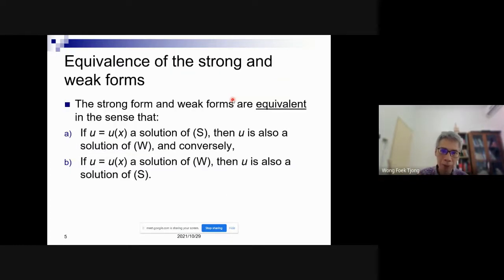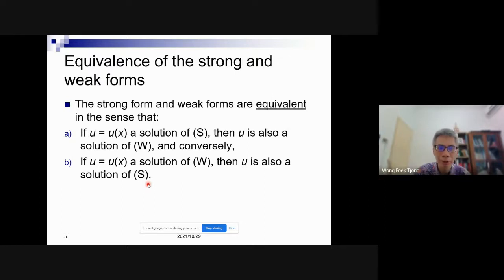Okay. Before that, it should be noted that the strong and weak forms are equivalent in the sense that if we have a solution from the strong form, then it's also the solution of the weak form, and conversely the same. Okay, it means if we have U as solution of the weak form, it's also the solution of the strong form. In other words, the two forms are equivalent. Because if not equivalent, it's a different model, right?